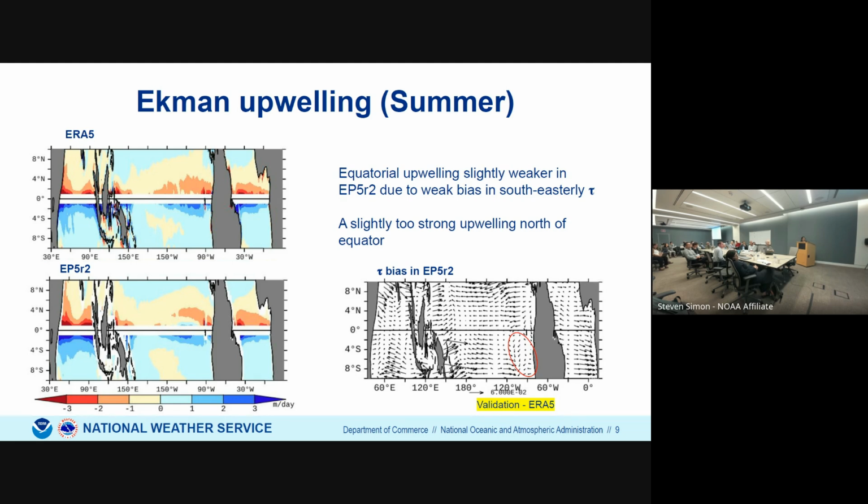The other major drawback most likely is this slightly too strong upwelling that's appearing just north of the equator, which is not exactly there in observations.